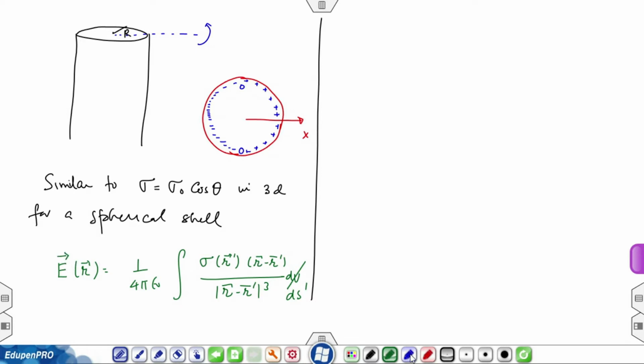On the other hand, the potential V of r is going to be 1 over 4 pi epsilon 0 integration of sigma of r prime over modulus r minus r prime, d s prime.